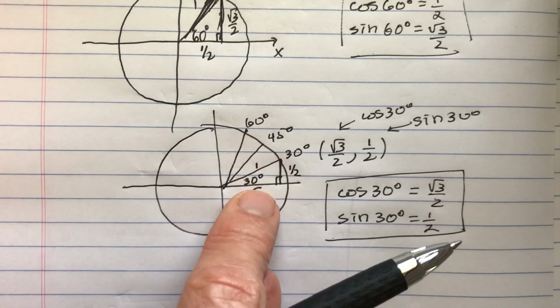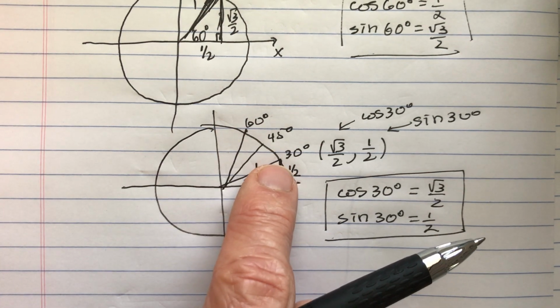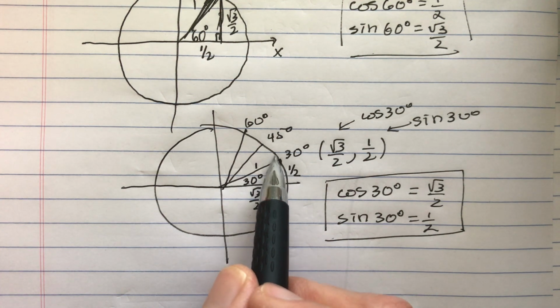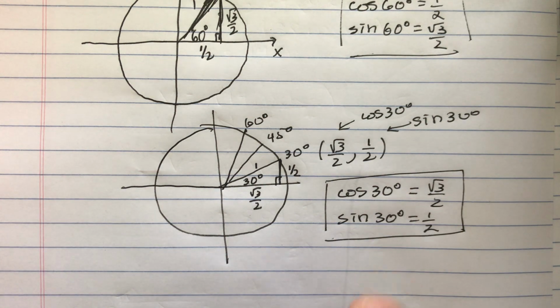Using these special angles, you can find others. But some of them you cannot. For example, if you had 37 degrees, I don't think you can find it in terms of square roots, I'm pretty sure.